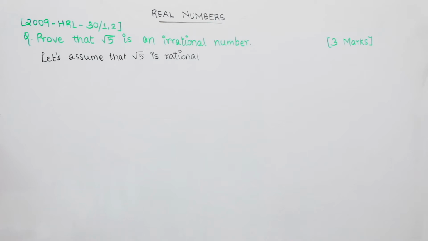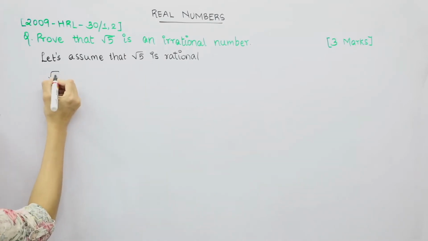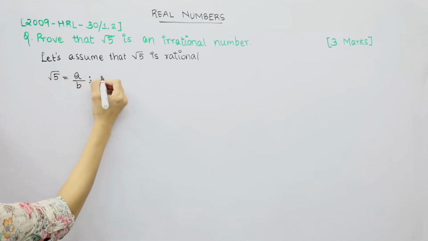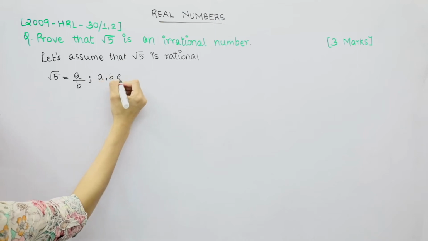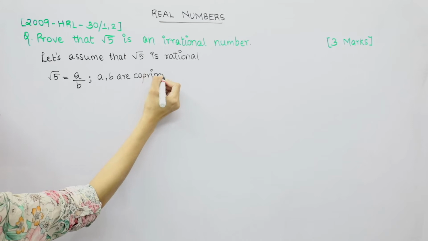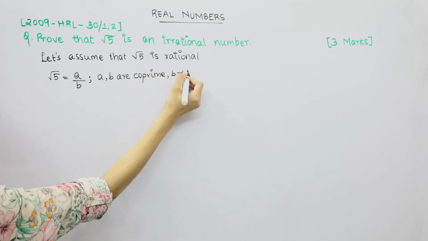These fractions can be reduced to their simplest form by cancelling out all common factors, and such a fraction will have its numerator and denominator as co-prime, or the numerator and denominator will not have any common factors. So let's express root 5 as a fraction of co-primes a and b, where b not equal to 0.